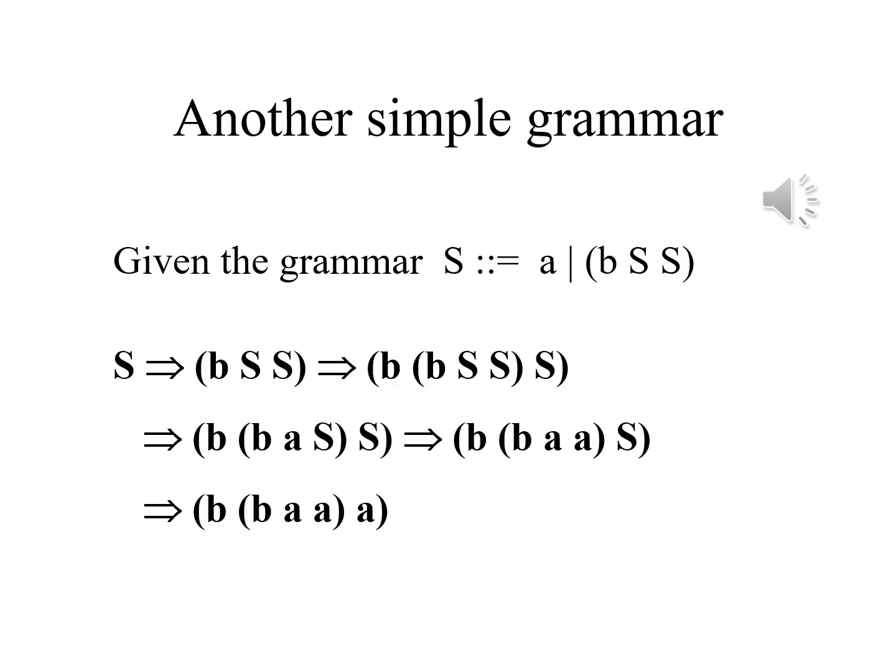Now apply again, B derives A, and we now have open parenthesis B, open parenthesis B, A, S, close parenthesis, S, close parenthesis. We'll then apply it to the second S in the inside parentheses, and then after that we'll apply it to the S at the end of the expression before the final close parenthesis.